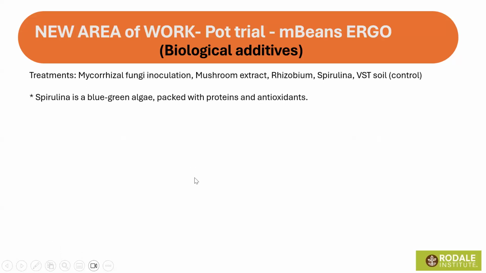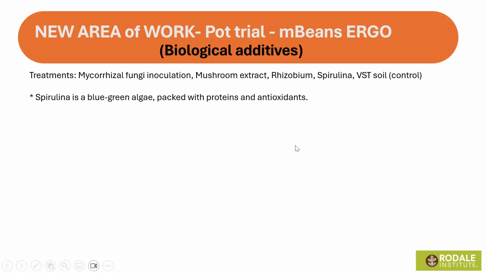Another project I worked on, and I thought it would be interesting for researchers and growers, because we talk about ergothioneine, different varieties of beans, different varieties of potatoes, and people were saying, okay, which one should I be using? Or is it different if I use a different biological additive? Is it really fungi alone that will make the difference, or should I use a different biological additive?